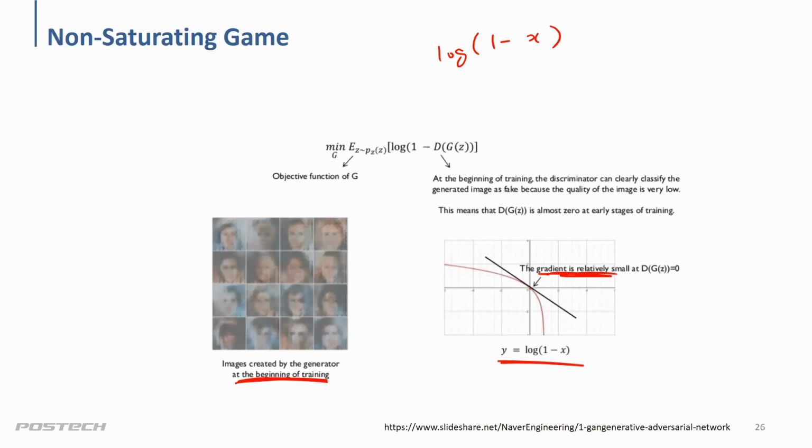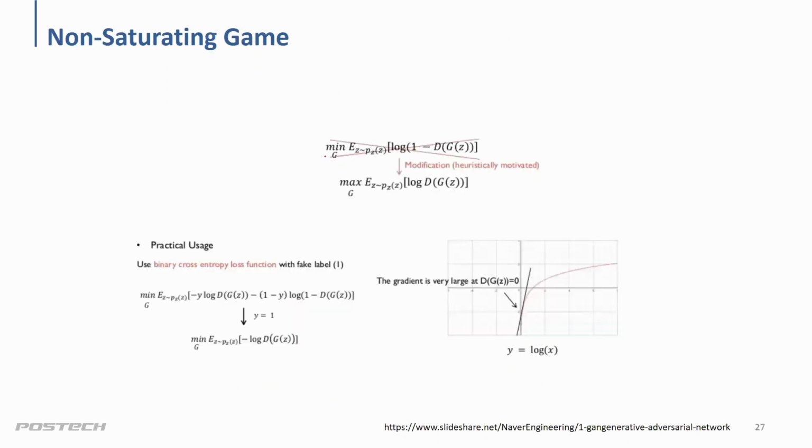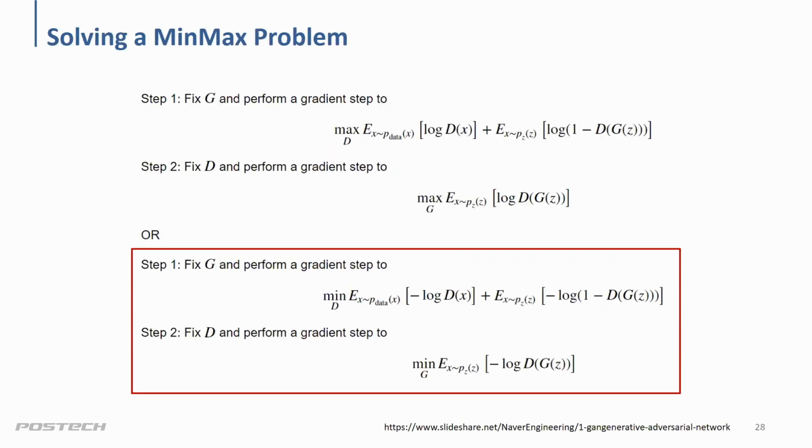So the idea is that instead of minimizing this one, I want to maximize this guy. Then if you plot log of x, as you can see, the slope is pretty high. That's a minor issue, but okay.